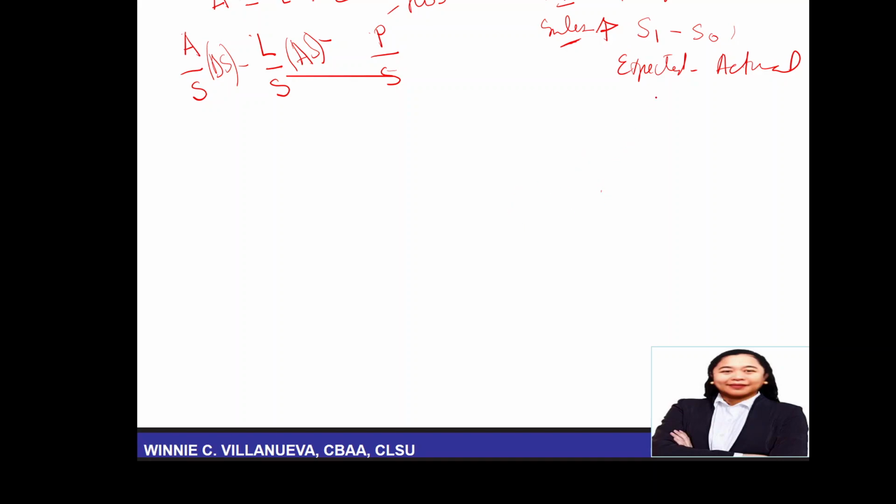O, edi, ito yung budgeted less your base or actual. Okay. So, yan yung change in sales. So, that's how you get your change in sales. Okay? Or S1 less S times 0.